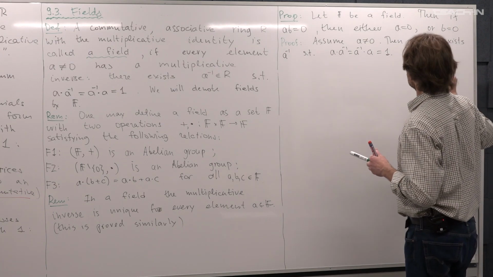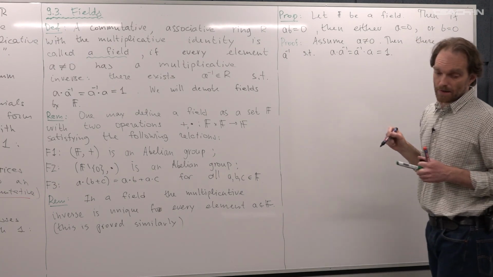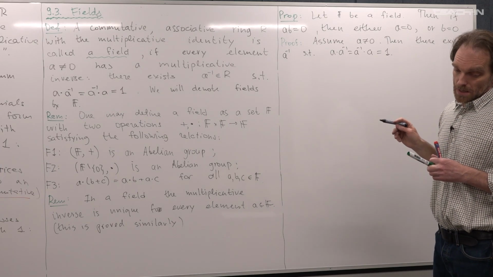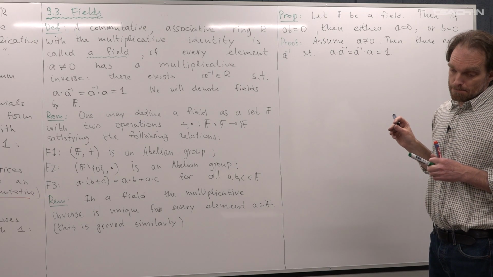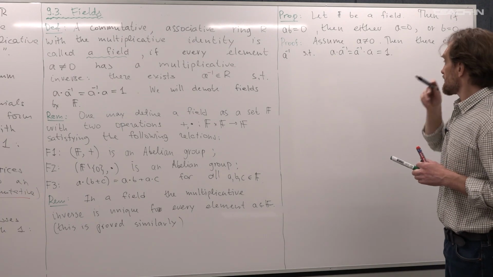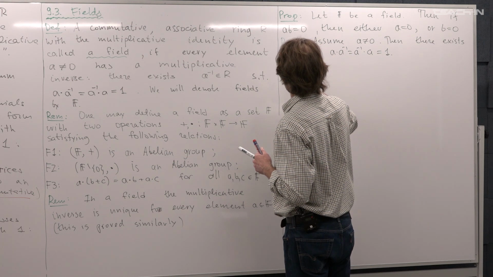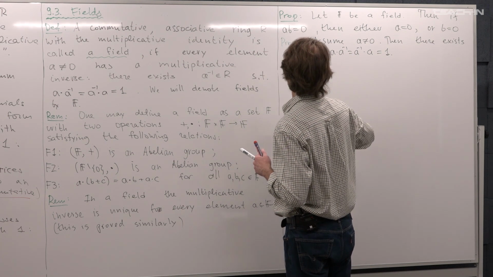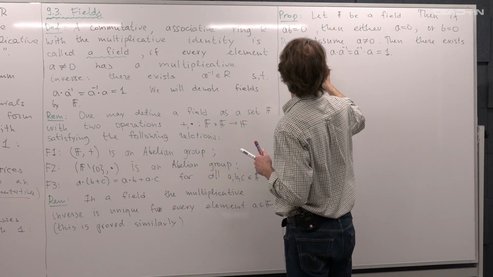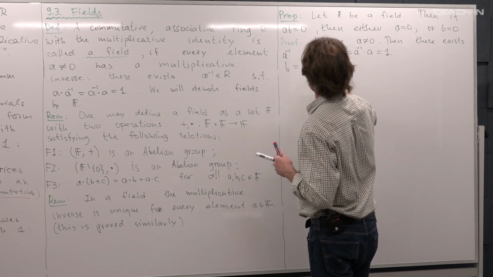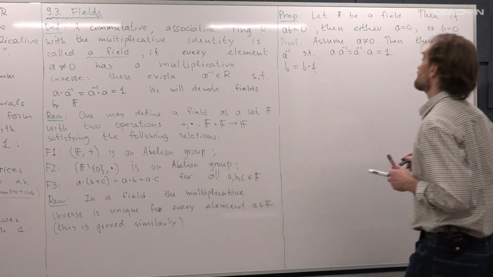Okay, then b can be represented as b multiplied by the multiplicative identity, right?